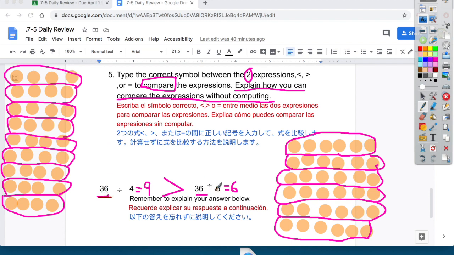So that isn't what's different. What is different between the two is your divisor. And if your divisor is smaller, it's going to give you a quotient that's bigger. If your divisor is bigger, it's going to give you a quotient that is smaller. So that's how you can compare the two expressions without computing.